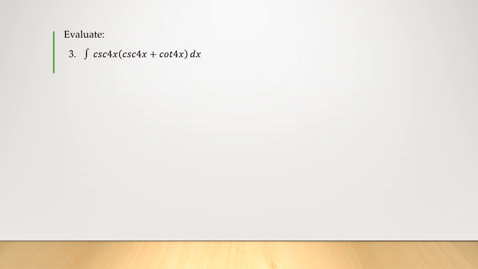Next, let us evaluate the integral of cosecant 4x times the quantity cosecant 4x plus cotangent 4x. Distributing cosecant 4x, we have the integral of cosecant 4x times cosecant 4x, or cosecant squared 4x, plus cosecant 4x cotangent 4x, quantity dx.